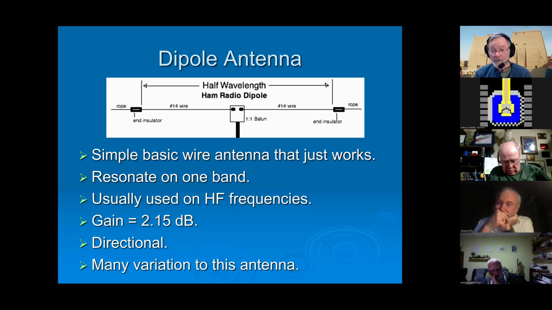It is directional. Broadside off of that wire is the radiation pattern that it will have. There are all kinds of graphs I can bring up to show you exactly how that thing radiates, but just remember on a simple dipole, that radiation pattern is broadside to that piece of wire that's up in the air.